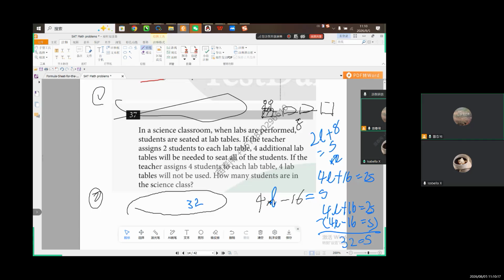Yeah, I think my problem was that I didn't draw a picture, so it was hard for me to visualize it and set up the equation. Just draw this. It's a certain type of question, and they have it several times. We also have this kind of situation for a wedding, how many tables you need.